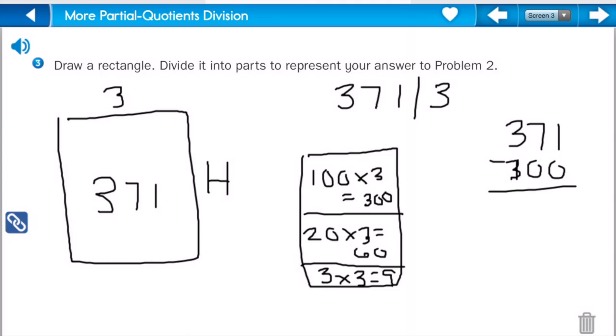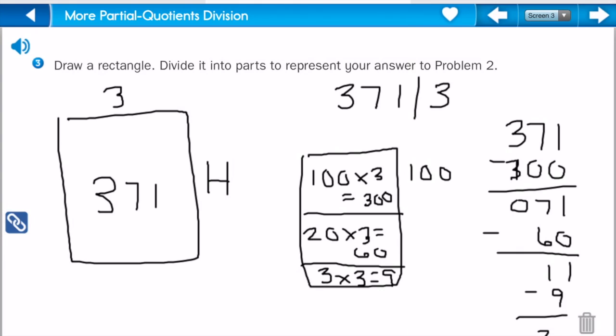Now I take 1 minus 0, and that equals 1. I take 7 minus 0, and that equals 7. And I take 3 minus 3, and that equals 0. Okay? Now I did 3 times 20 equals 60, so then I subtracted 60. I got 11. And then I did 3 times 3 equals 9, so then I subtracted 9. I got 2. So then I added these numbers all together, and I got 123 with a remainder of 2.